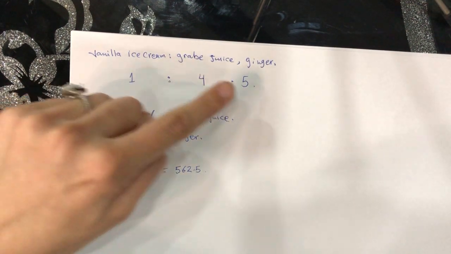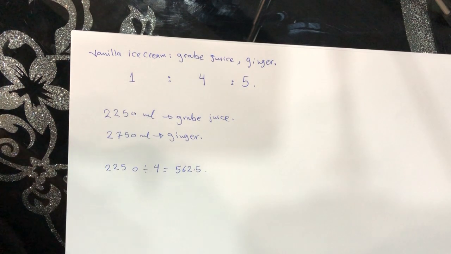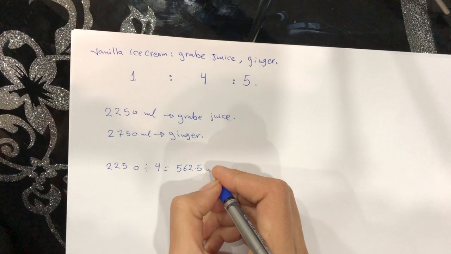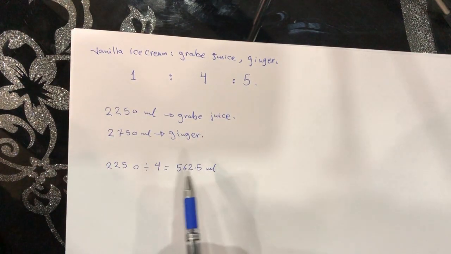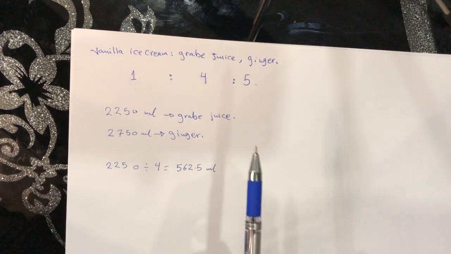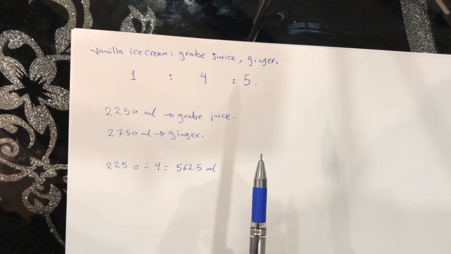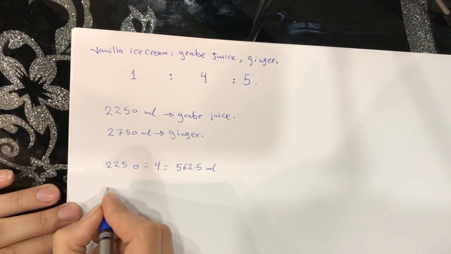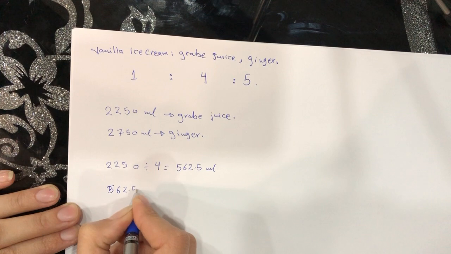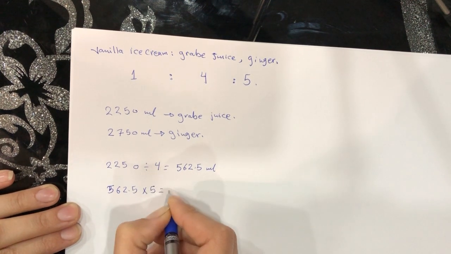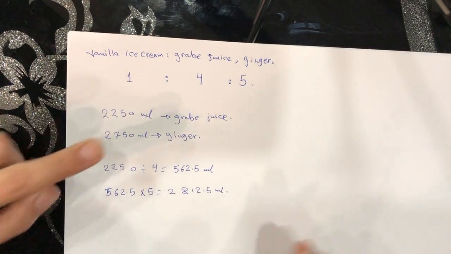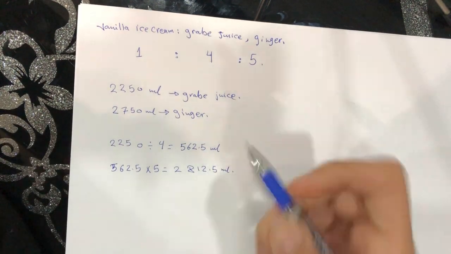So each one of these units will be 562.5, the 1 unit. So she will use 562.5 milliliters of ice cream, and the whole amount, which is 2,250 milliliters of grape juice, and she will use 2,812.5 milliliters of ginger.